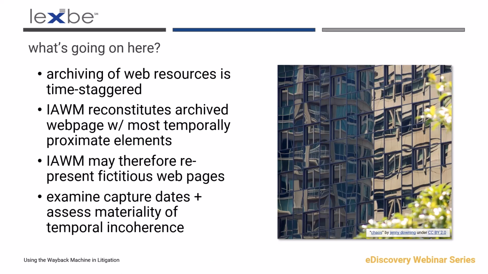Temporally incoherent web pages are unfortunately common in the Wayback Machine. There are a few technical explanations for this that have to do both with how the web content is archived and how it is represented. On the archiving side, the collection of web resources necessary to completely render a web page may have been archived at staggered moments in time for various reasons.